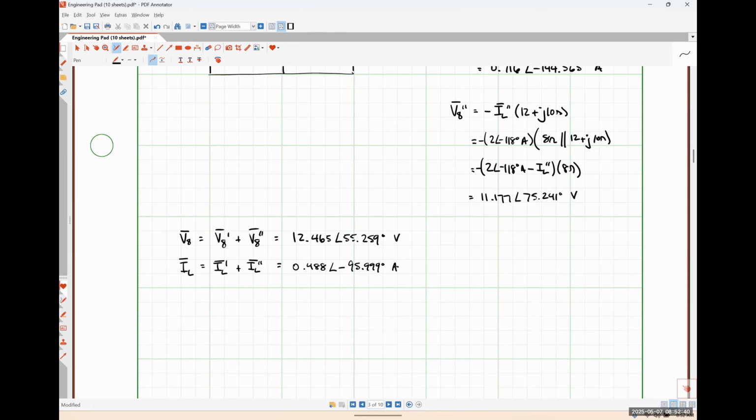If you didn't store the values in your calculator, that's perfectly fine. You should get something similar to that, but with a little bit of rounding.